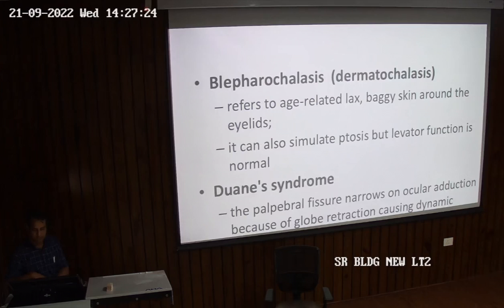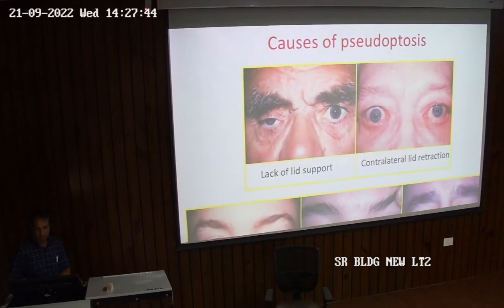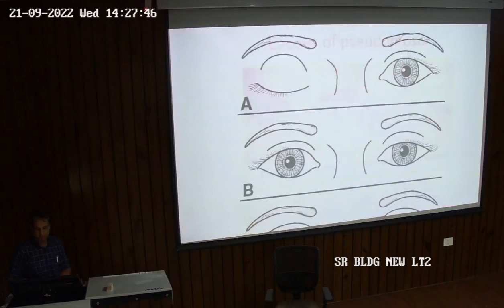Blepharochalasis refers to the age-related lax, baggy skin around the eyelid. It can also simulate ptosis, but levator function is normal. There is Duane's syndrome. The palpebral fissure narrows on ocular adduction because of globe retraction, causing dynamic inward movement of the eye. These are the causes of pseudoptosis.